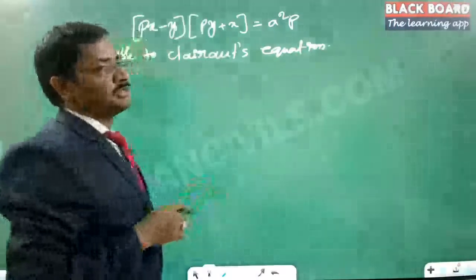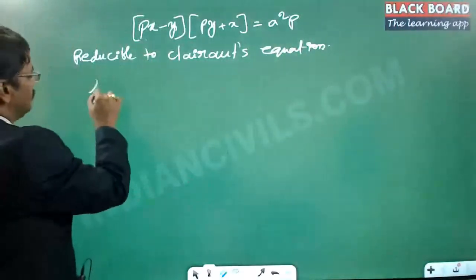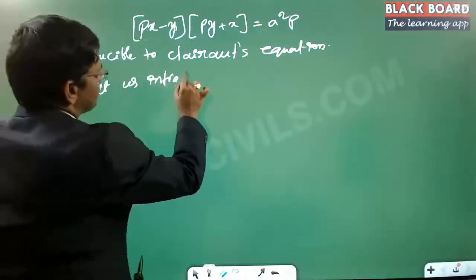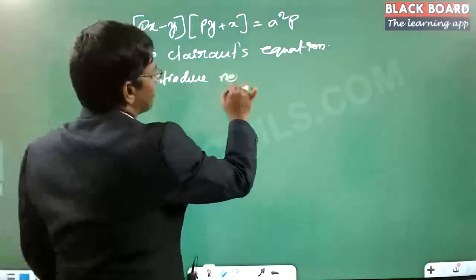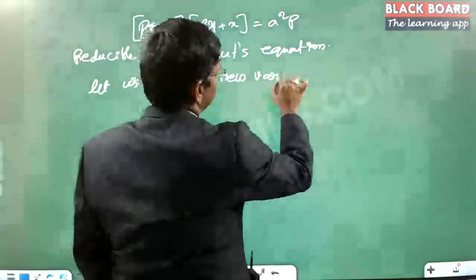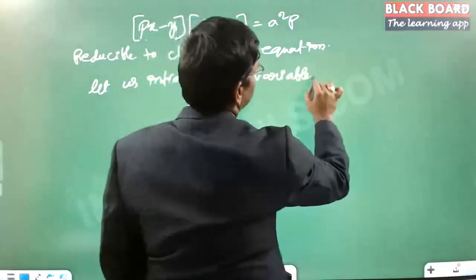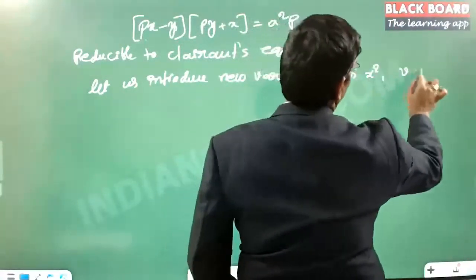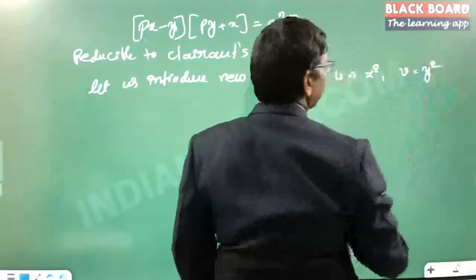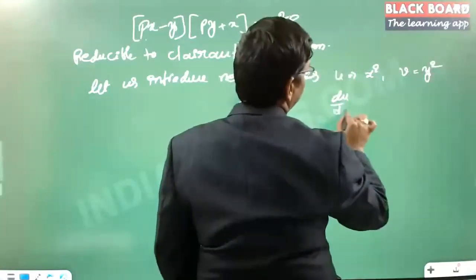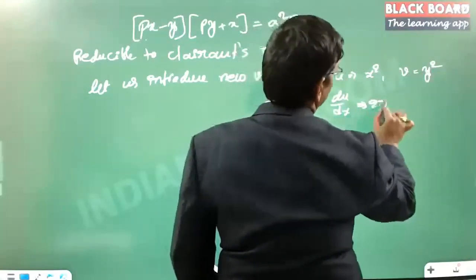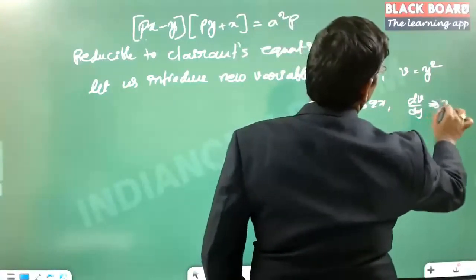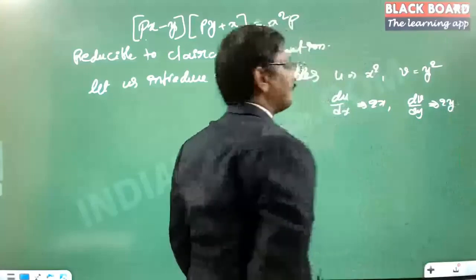Suppose we introduce new variables: u = x² and v = y². Then du/dx = 2x and dv/dy = 2y.